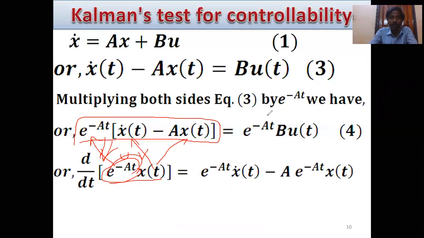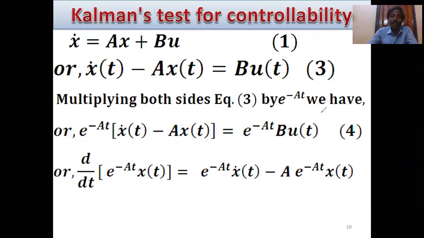This is the definition of uv differentiation. So the right hand side term e to the power minus At x dot of t minus A e to the power minus At x of t is equivalent to the left hand side.